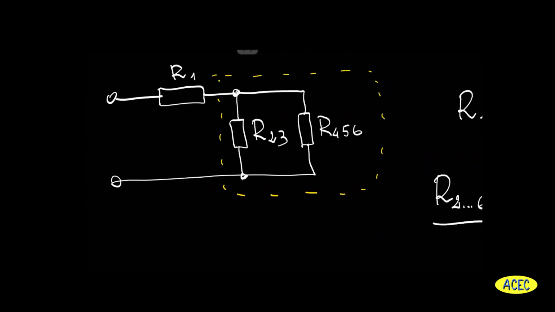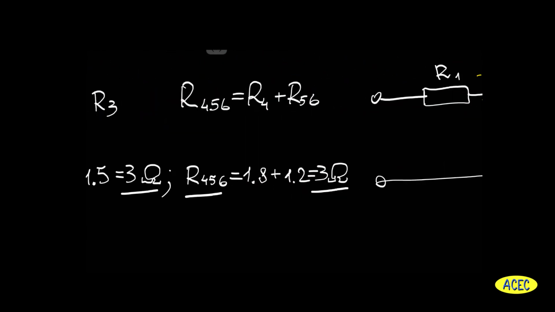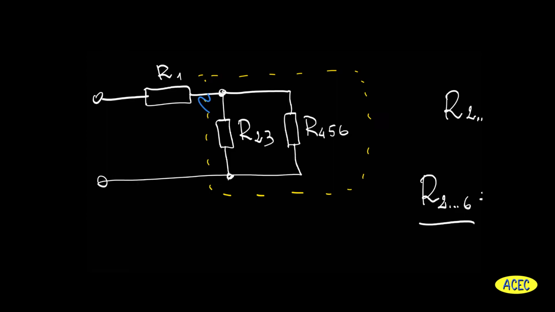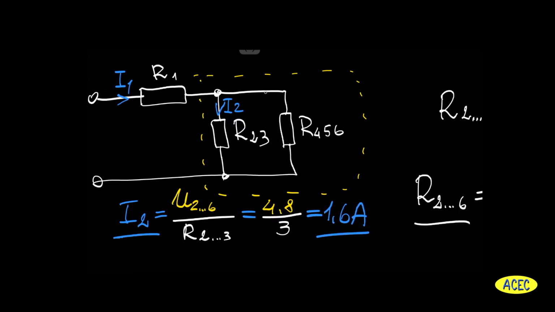So we found the voltage between two nodes. Between these two nodes are connected two resistors R23 and R456. Respectively, we can find the current I2 which goes through the resistor R23. Let's do that. Great, its value is 1.6 amps.